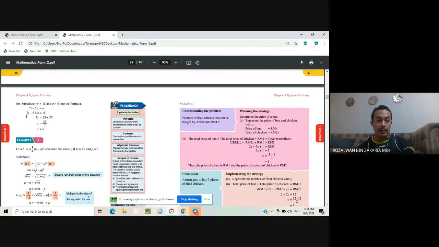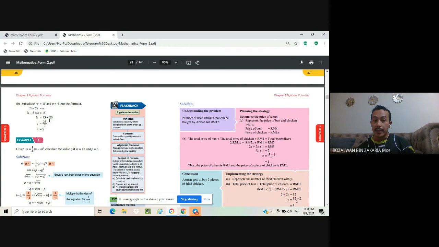And so 7T minus 5 in bracket 4 close bracket equals 15. Then 7T minus 20 equals 15. So minus 5 multiplied with 4 equals minus 20. So minus 20, when you bring it to your right side, will become positive 20.